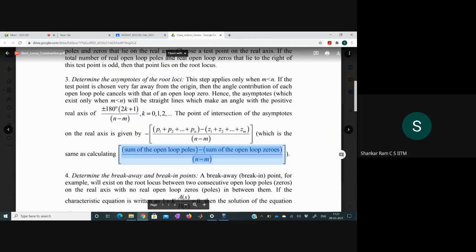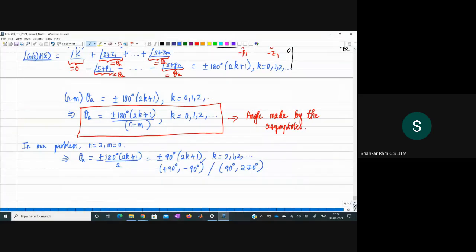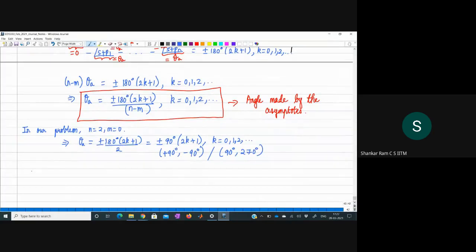In this particular problem, we will calculate the corresponding point of intersection of the asymptotes. There are two asymptotes.